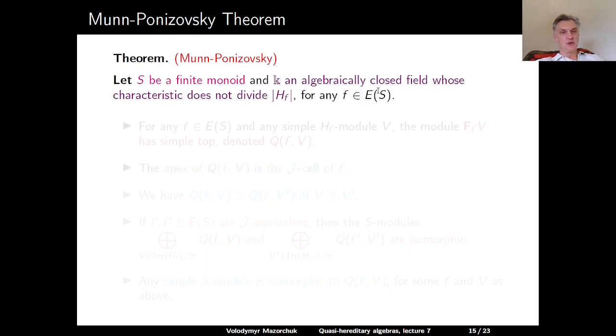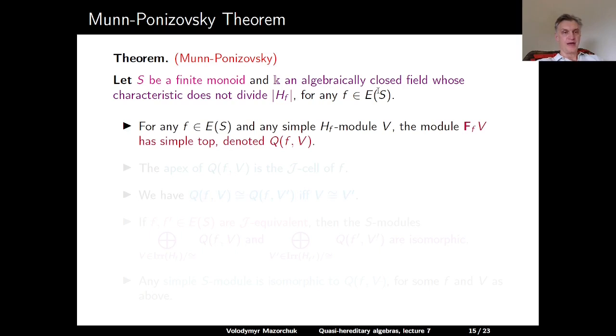Let S be a finite monoid, and K an algebraically closed field whose characteristic does not divide the cardinality of any maximal subgroup of S. Then, for any idempotent F in S, and any simple module V over the corresponding maximal subgroup HF, the module obtained from V by tensoring with the bimodule KL_F has simple top. We denote this simple top by Q, and it depends on F and V. So it's Q of F and V.